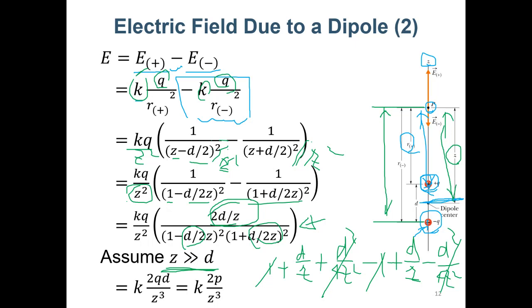And so here is 2d, kq, and here is 1 over z squared, so z cubed. And that's it. And we know that p equals qd, so we can also have this expression.